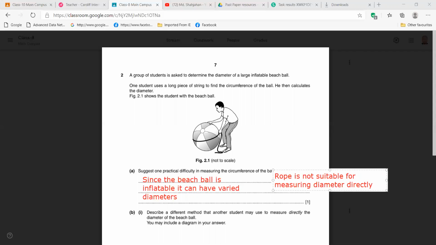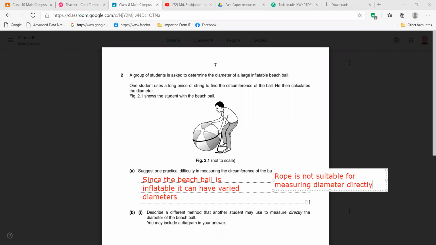Like why I said directly, did you understand? After measuring with the rope, you can get the length of the rope with a meter rule or measuring tape. So indirectly this rope you can use, but directly you cannot measure.